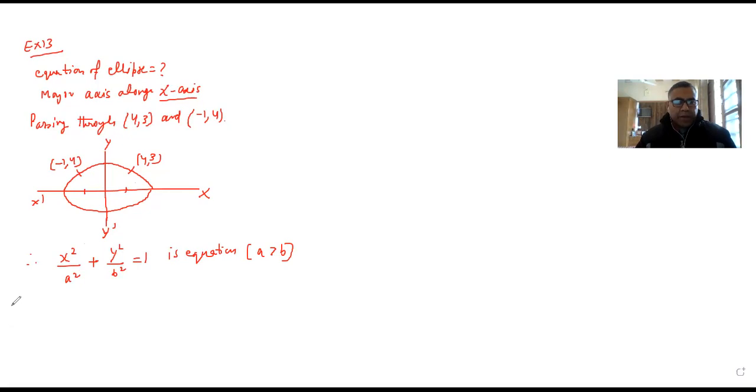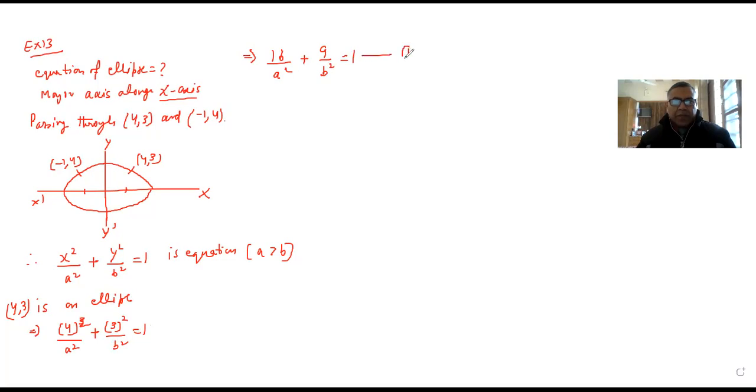Now (4, 3) is on the ellipse, which implies 16 upon a square, this is 4 square, plus 9 upon b square is equal to 1. Let this be equation number 1.